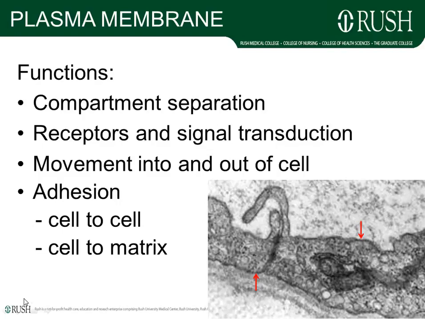It controls all of the movements of materials into and out of the cell, sometimes passively, sometimes actively, and that will be studied in much more detail by the physiologists. It controls adhesion. In other words, some cells adhere to one another and some cells adhere to their matrix, which is the surrounding material. And that adhesion process is very important to the survival and indeed to forming communities of cells in general, so that they can function together.